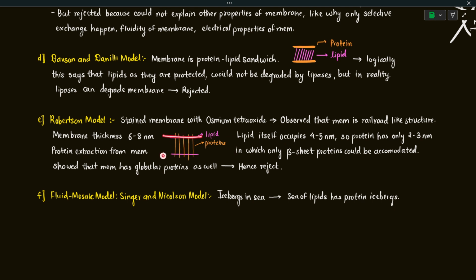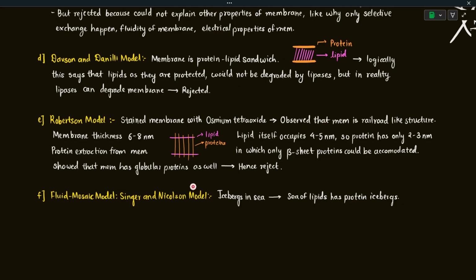The lipids are arranged in two rails, and the proteins are arranged perpendicularly to the lipids. Okay, so they explained that it looks like a railroad. By that point in time, the membrane thickness was known, and they said that the membrane thickness is around 6 to 8 nanometers, because it was evident.